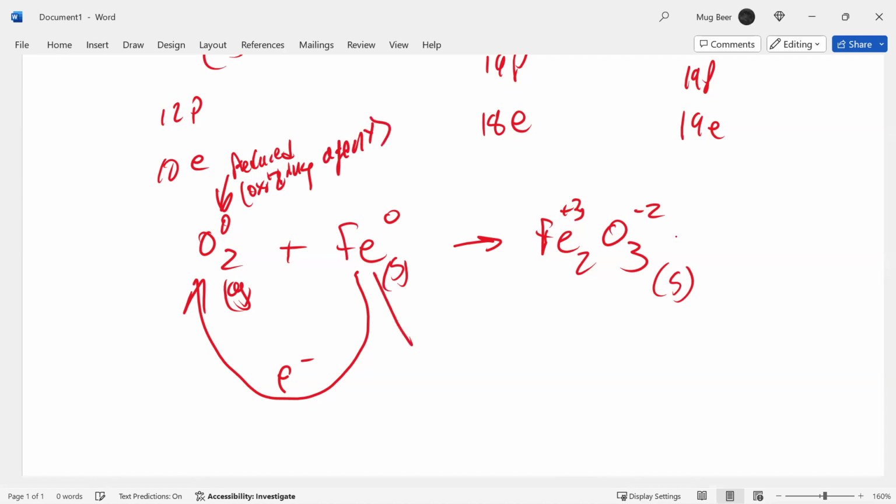And so this iron was oxidized, but it's also the reducing agent. So what does it mean to be a reducing agent? It means I have excess electrons that I can give away to somebody else to reduce that.